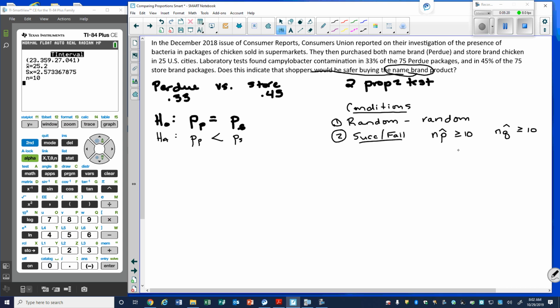In this particular one, since we had two different samples, they must be met for both samples. So if I'm looking at the Perdue sample, it doesn't tell me how many packages were contaminated. So I'm going to take my sample size, which was 75, and multiply it by the percent of packages that did have contamination, which was 33%.